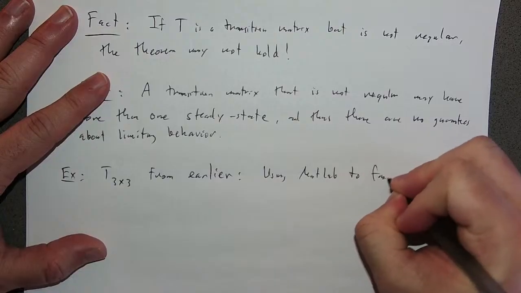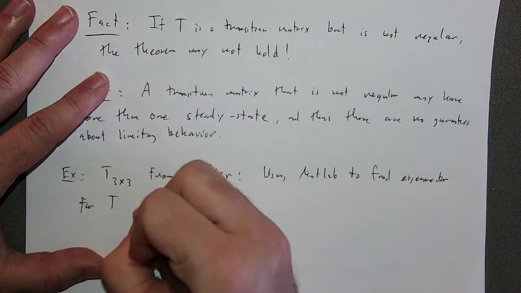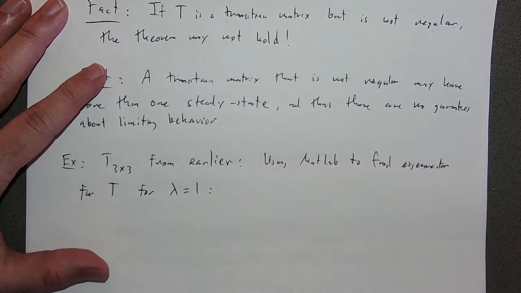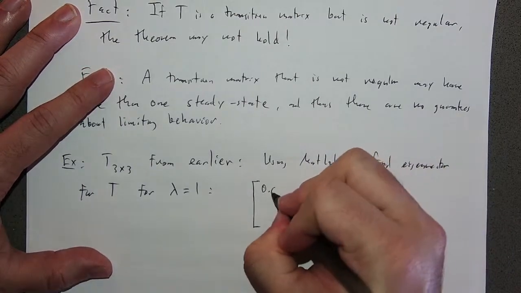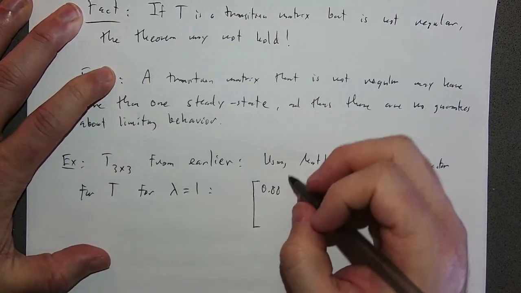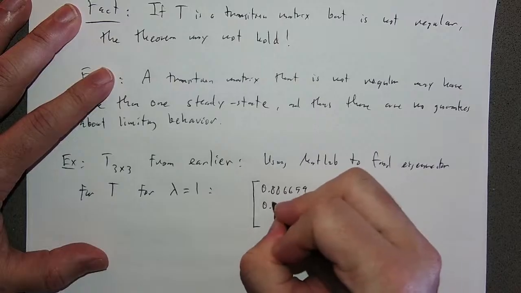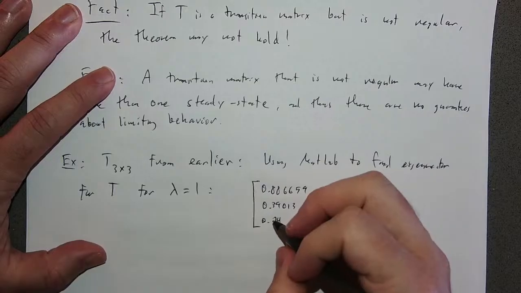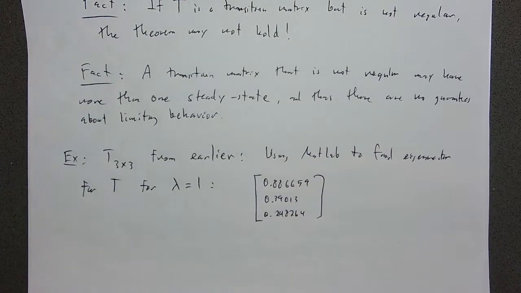To find the eigenvector for T for the eigenvalue lambda equals 1, MATLAB will spit out the following vector, which is 0.886659, 0.339013 and 0.248264, something like that. Notice this is not actually a probability vector.